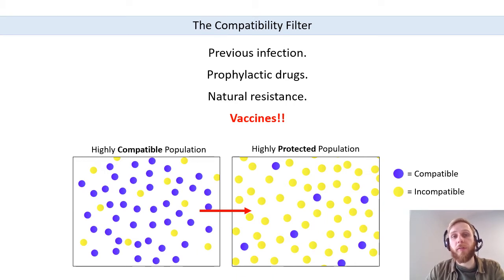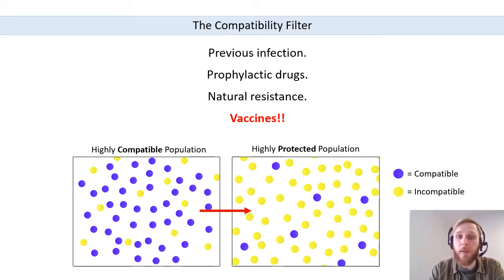So often if an individual has been infected with a particular virus, they will have some degree of protection. It may not be 100%, and the time it lasts for will depend on various things, but it's not going to be 100% protection forever necessarily. It's not really what we expect, but there is often some level of protection that lasts for some amount of time.